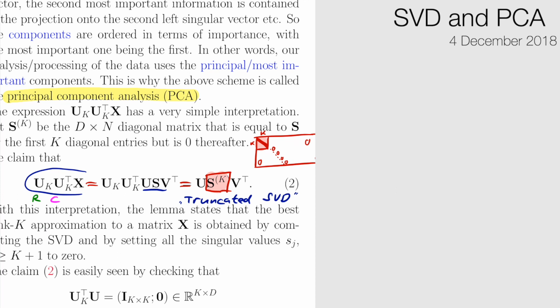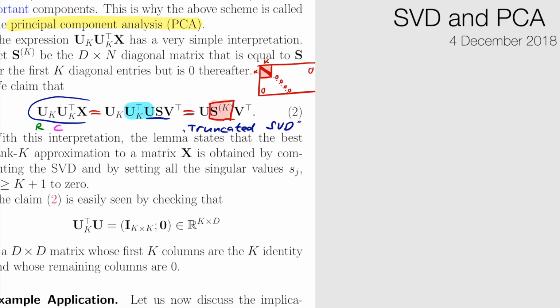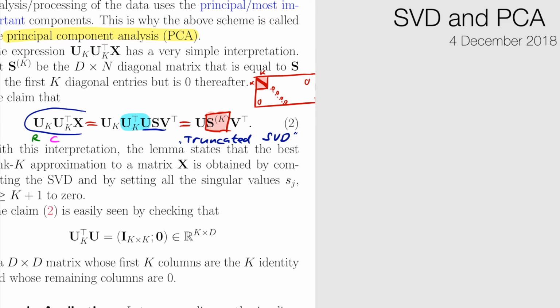Because of the thing in the middle, you see that U_k is multiplied with U. That's the thing we can actually exploit. So that's what you have here: U_k times U. It's not hard to see what that is. What do you guys think? Anybody? Well, it's an identity matrix. I maybe heard it from you.